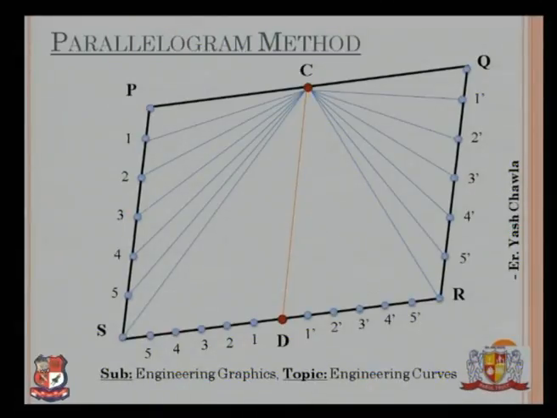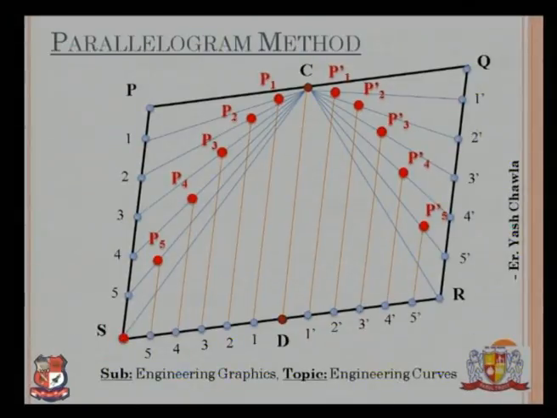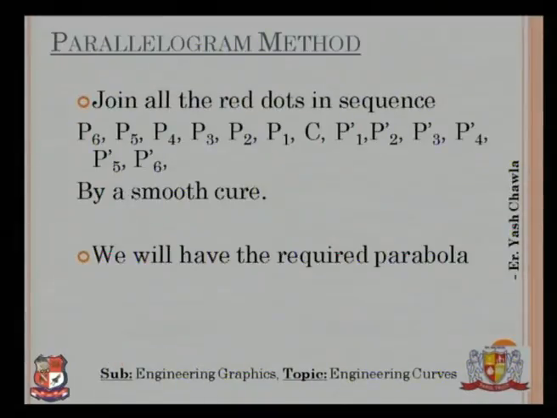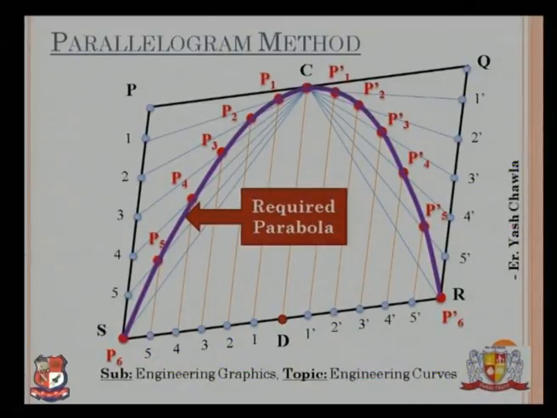From 1 we will have a line parallel to CD which will intersect C1 at P1, and similarly from 1 dash we will have P1 dash, and P2, P3, P4, P5, and similarly on the dash side we will have all these points. Once we obtain all these points, we will have a parabola like this. So this is the required parabola.